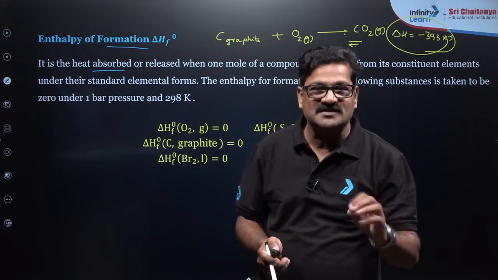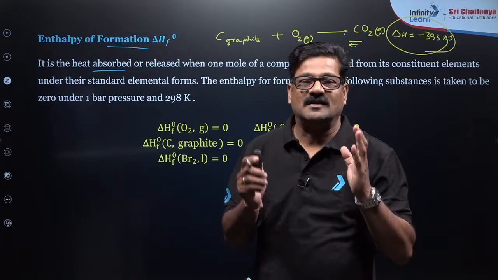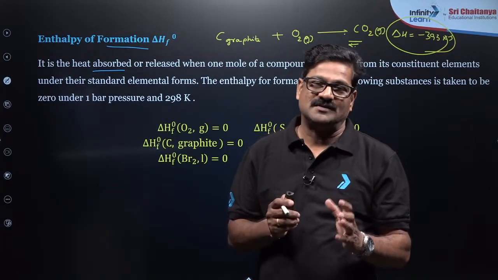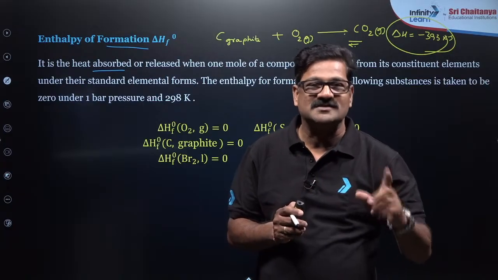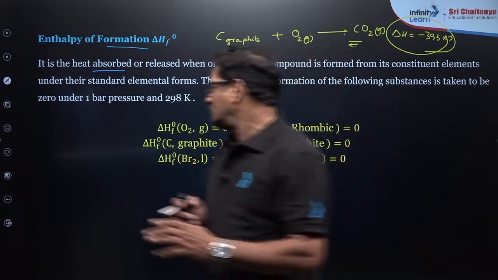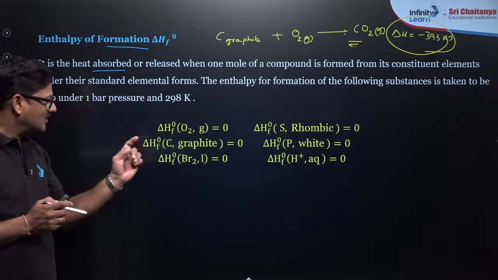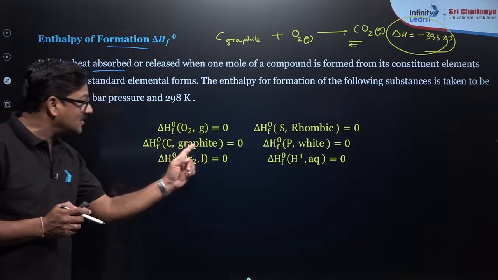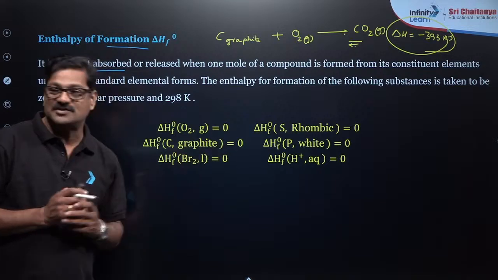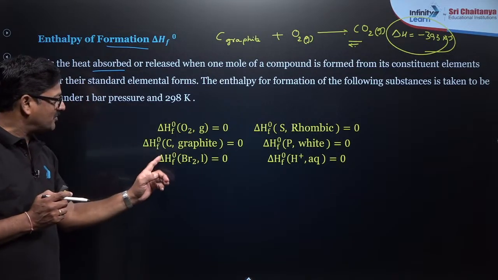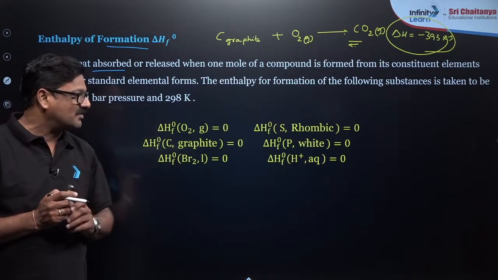One flexibility is given in thermodynamics now. Thermodynamics says the enthalpy of formation of uncombined elements is always 0. Enthalpy of formation of oxygen is 0. Enthalpy of formation of carbon in the graphite allotrope is 0. Bromine in the liquid state is 0.